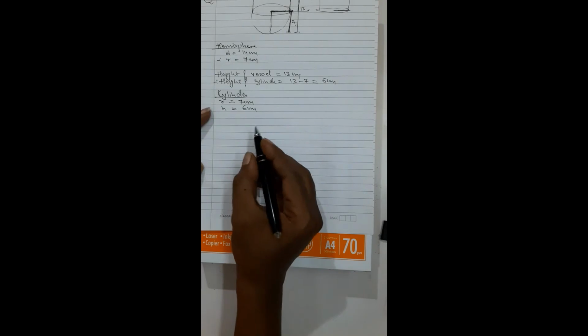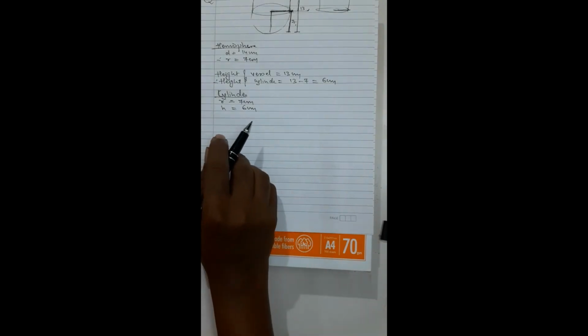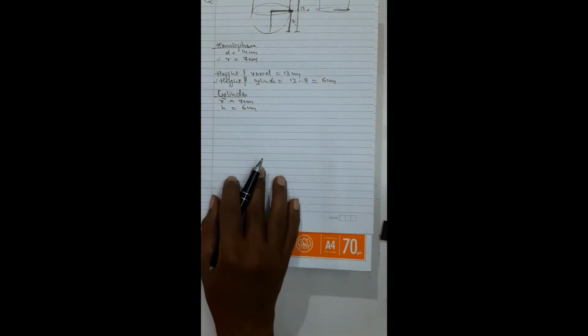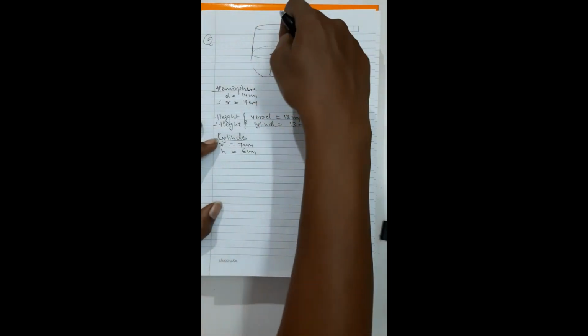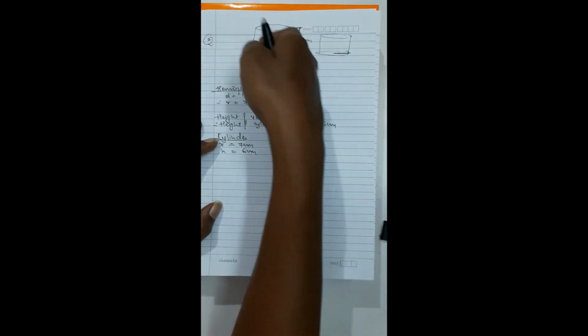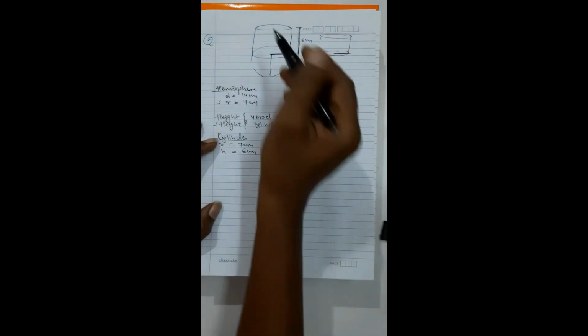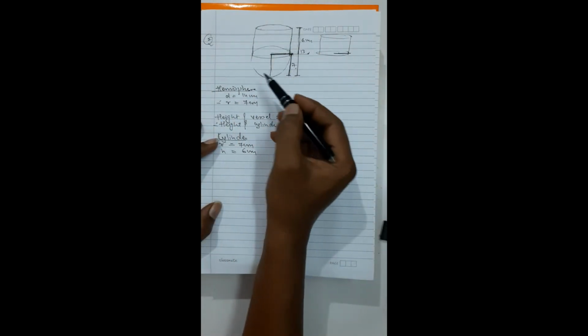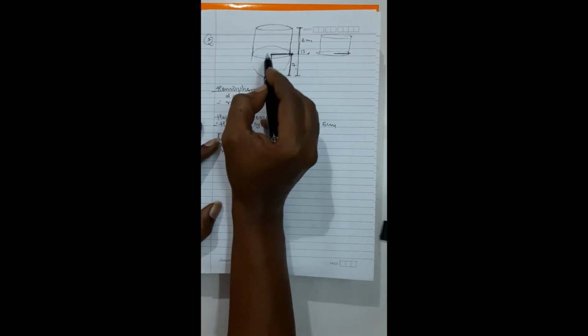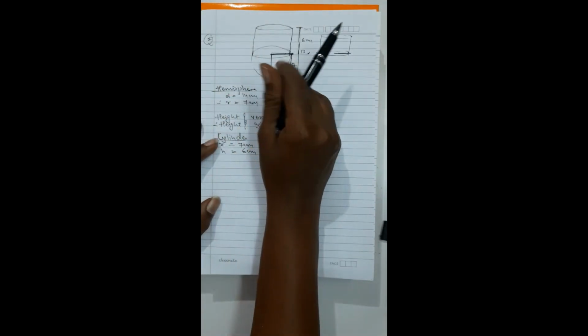Now we are going to find what they have asked us, the inner surface area of the vessel. Inner surface area, see, whatever is the inner surface. What is the inner surface of the cylinder? It is nothing but the curved surface area of the cylinder, nothing else. There is no lid on the top, there is no bottom over here. It is just a hollow cylinder. So it will be only curved surface area.